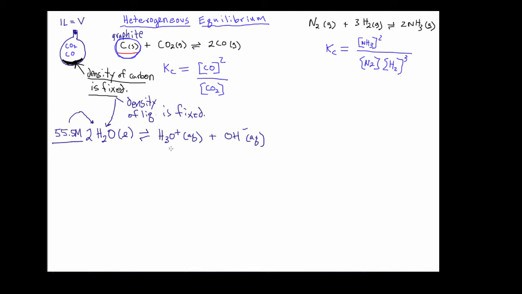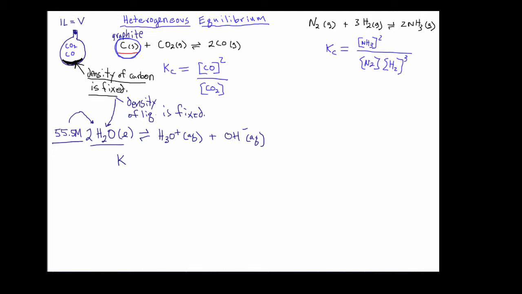I pointed out that if we use conductivity measurements, for example, to measure the amount of free H3O+ and OH- in liquid water, we find that the concentration of these two species is 1 times 10 to the minus 7th. So we would write the equilibrium expression for this reaction without the H2O present in the expression, because its concentration is fixed throughout any number of equilibrium positions that this reaction would take on in regard to the concentration of H3O+ or OH-.